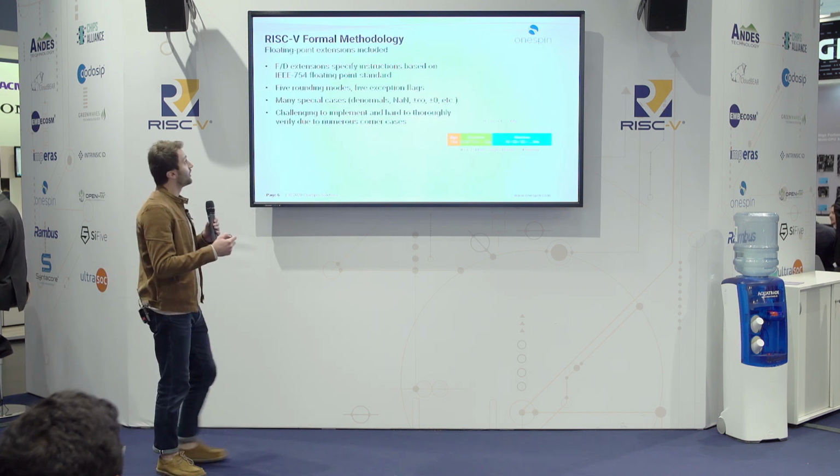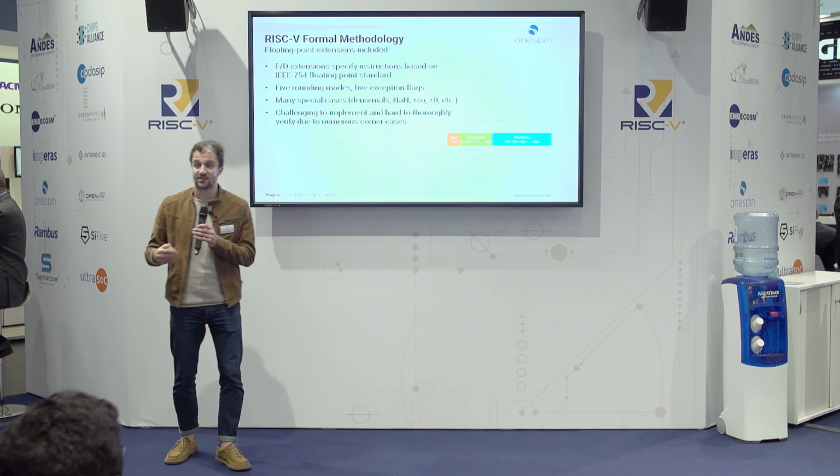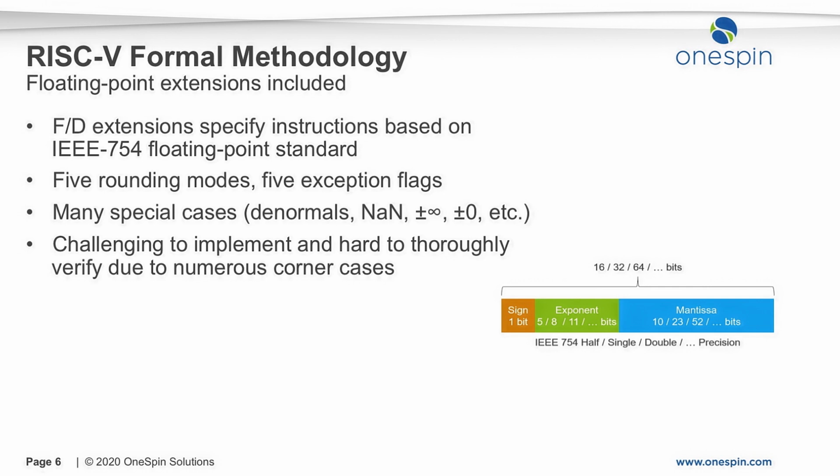It is worth mentioning that floating-point extension instructions are also verified and included in the app. All these instructions are based on the IEEE 754 standard, and by nature this standard is complex to implement and historically hard to verify.